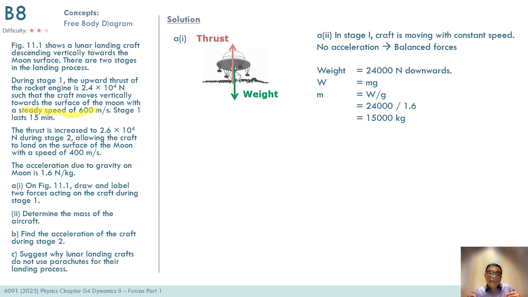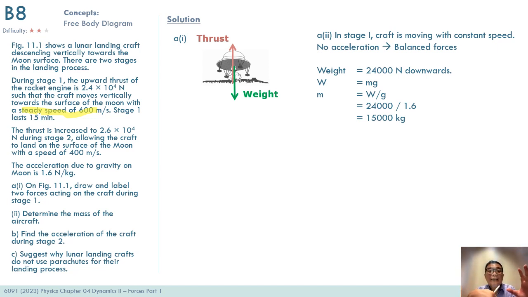So there is an upwards thrust of a very big value acting on the landing craft, and at the same time there is a downwards weight as shown in your diagram, and this landing craft is moving downwards at a constant speed.